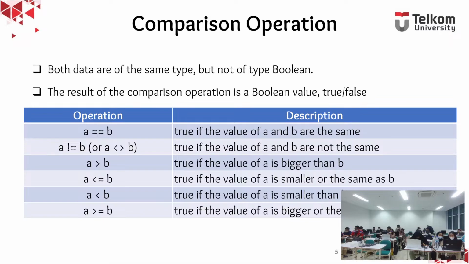This one is A equal to B, and this one is not equal. For example, if we have integer or real values and we compare them, the result will be a Boolean value, of Boolean data type.